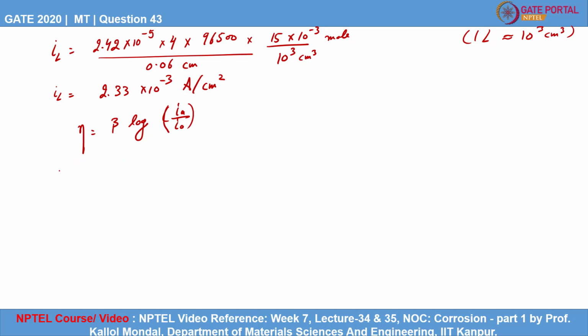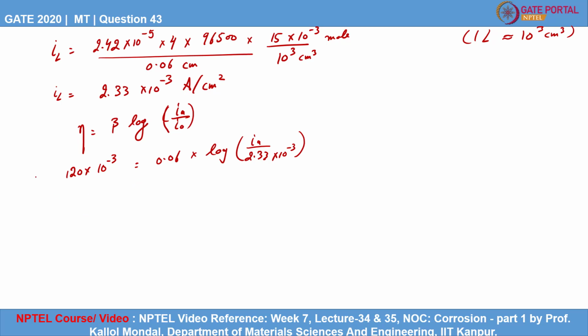Hence, the overpotential is given to be 120 millivolt, so it is 120 into 10 raised to power minus 3 volt. The Tafel slope is given to be 0.06 volt, times log of IA upon IL. What is IL? IL is 2.33 into 10 raised to power minus 3.